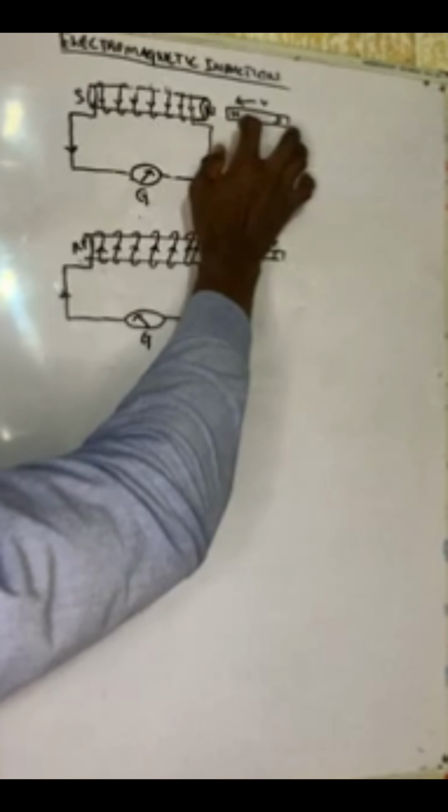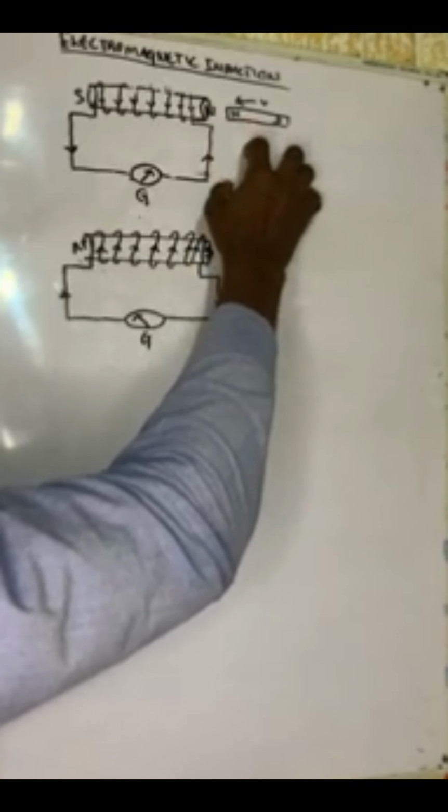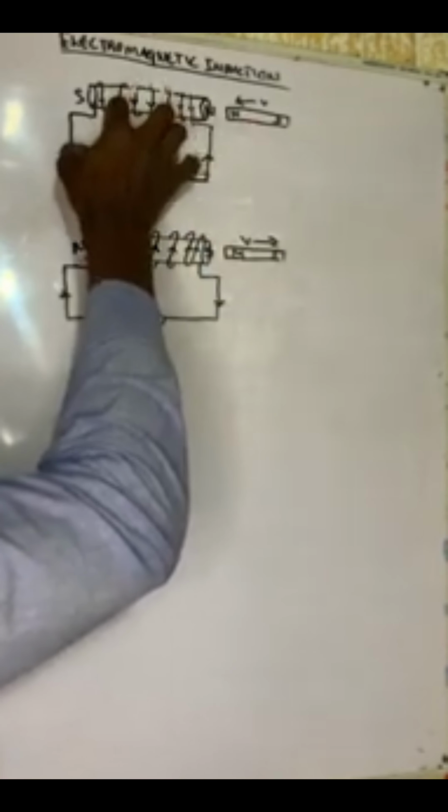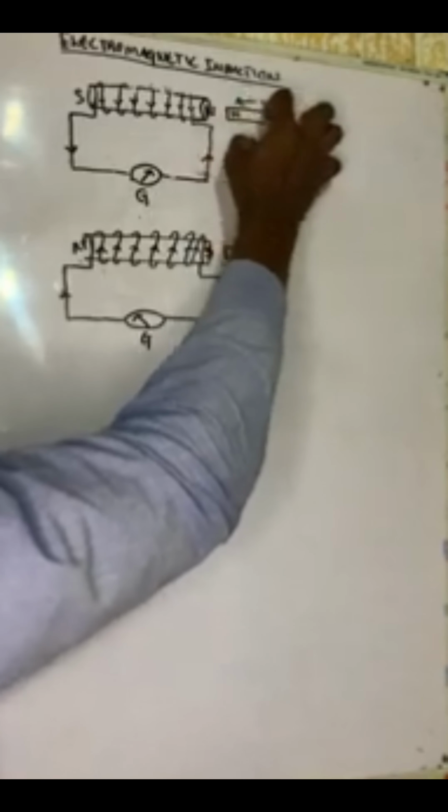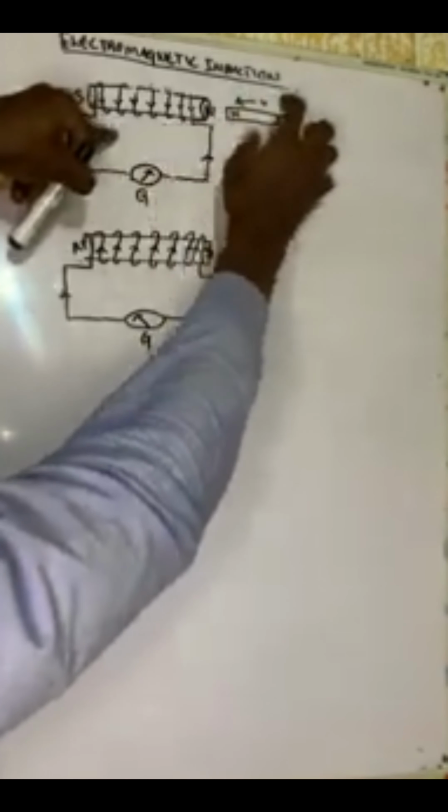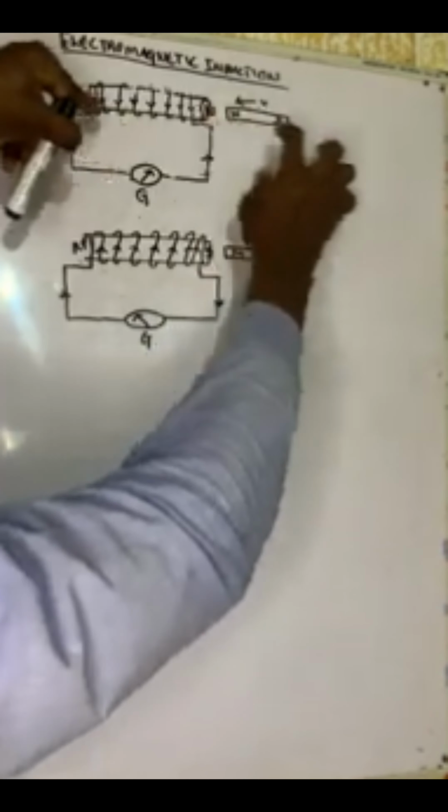It's either the conductor is moving while the magnet is stationary, or the conductor is stationary while the magnet moves, or both the conductor and the magnet are in relative motion. However, in any case, there has to be a relative motion.